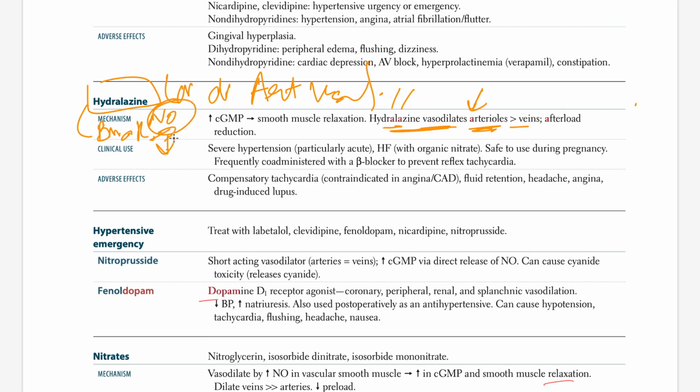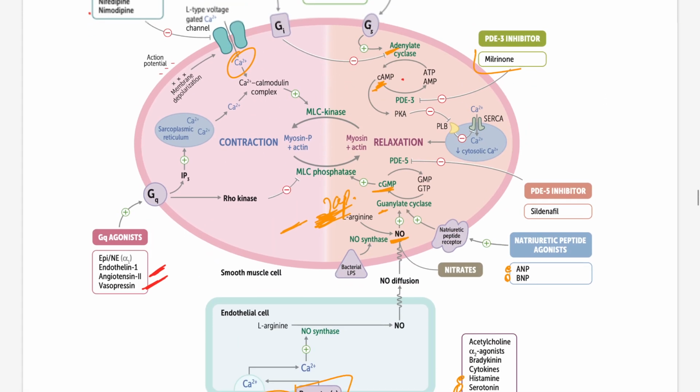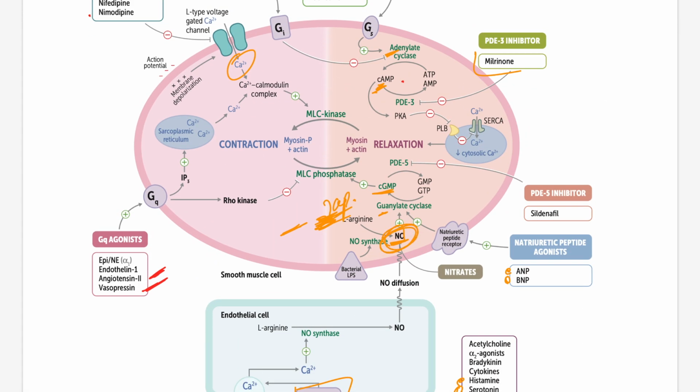That nitric oxide causes what? Stimulation of guanylate cyclase, and that causes an increase in cyclic GMP. When you increase cyclic GMP, what are you going to cause? You're going to cause arterial smooth muscle relaxation, right? And if you want to see that picture back again, here's the one. So nitric oxide, and that causes relaxation.